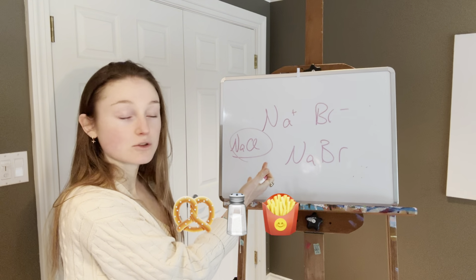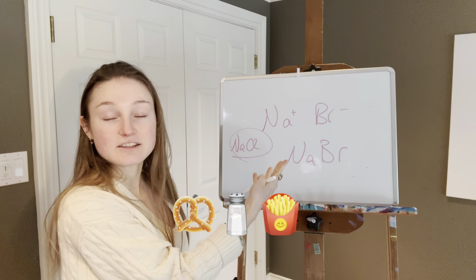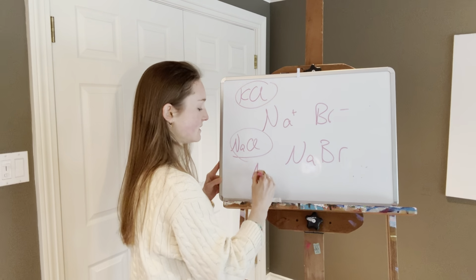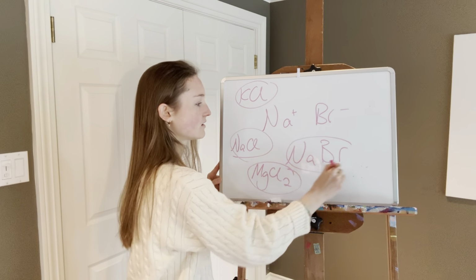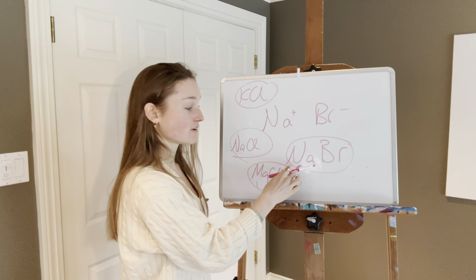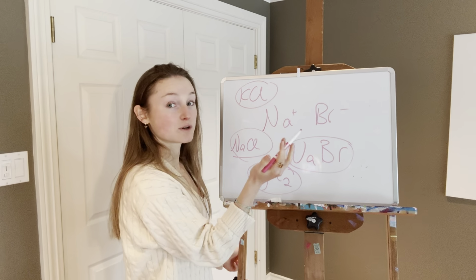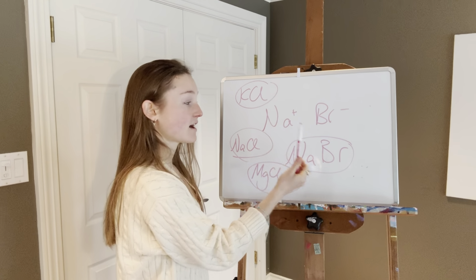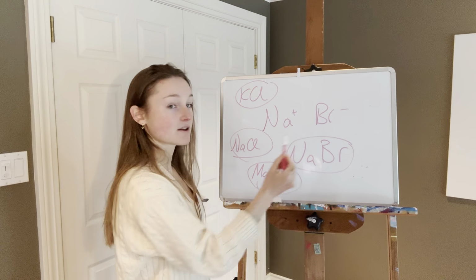It's table salt, or food processors will add this to food to enhance flavors. Potassium chloride. Magnesium chloride. NaBr. It's a salt. I've never heard of it, but if we're following the rules of what a salt is, a positive ion and a negative ion come together to make a salt.